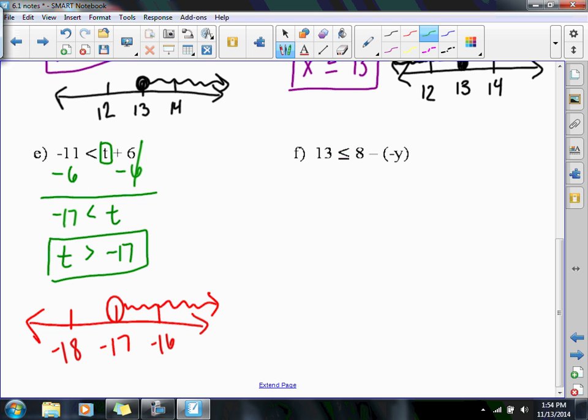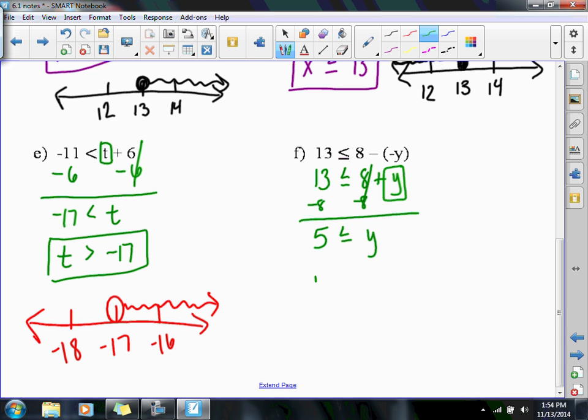Okay, now part F, I'm going to simplify it first, just like we did in part C. Since I have a minus and negative y, I'm going to make it a plus y. And then to get the y by itself, I'm going to have to subtract the 8 from both sides. So 13 minus 8 is 5, which is less than or equal to y.